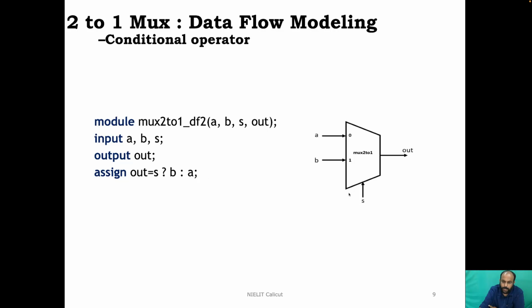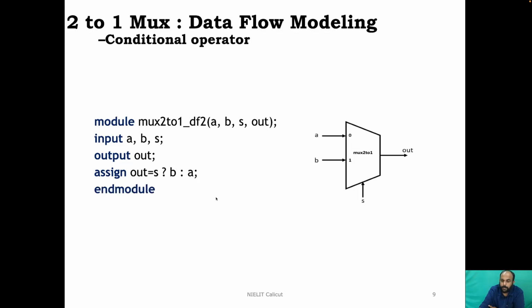So here, when S is 1, according to this specification given, B should be going to the output. So I am writing S question mark B colon A. So the meaning of this is, whenever S is 1, B will go to the out. Whenever S is 0, A will go to the out. Okay. So that completes the specification in a single line.